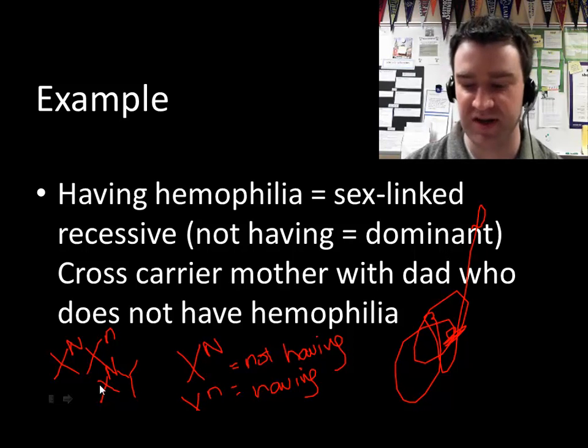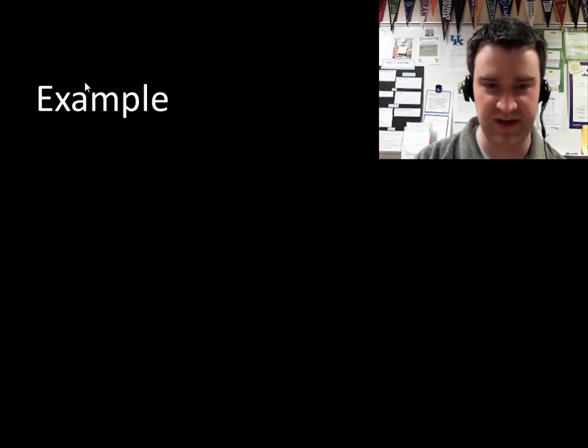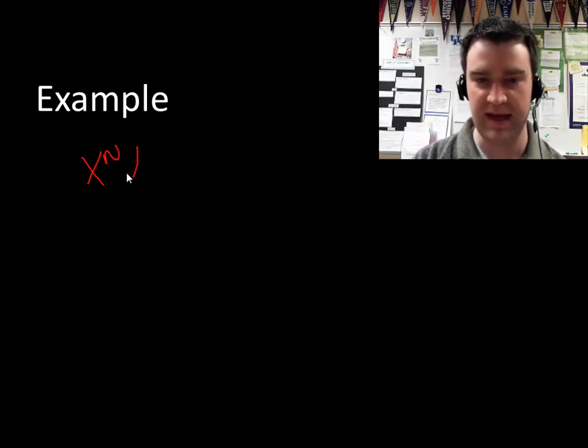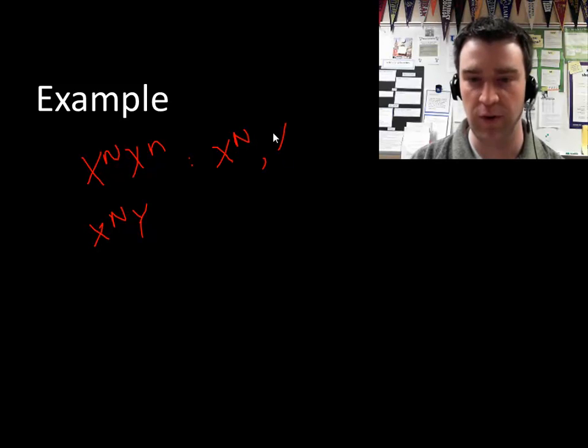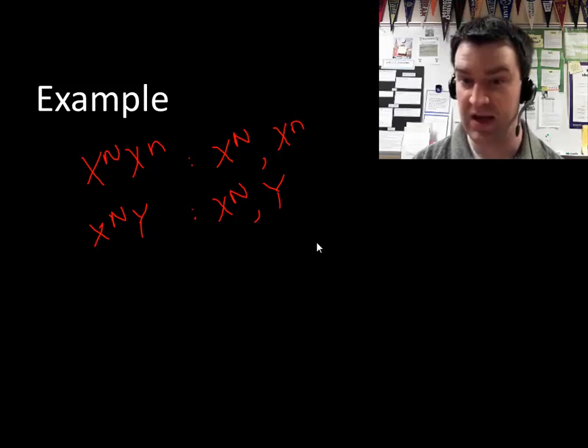So let's show this cross in a Punnett square then. So let's go ahead and rewrite mom and dad. We can always think about the gametes they might produce. Mom might either pass on her dominant allele or her recessive allele. Dad might pass on his X with the dominant allele, or he might pass on the Y. So let's go ahead and draw that Punnett square out.